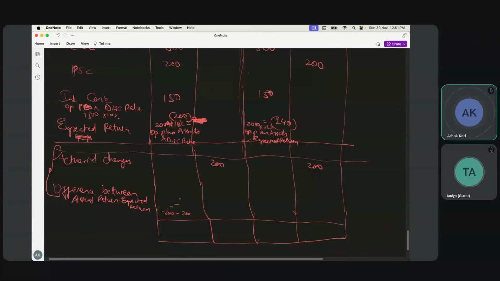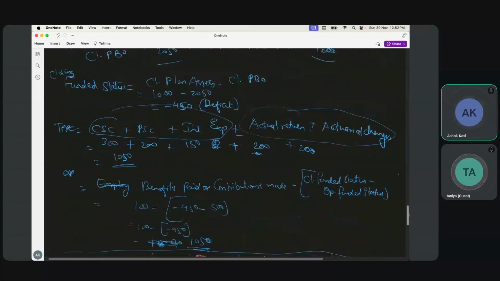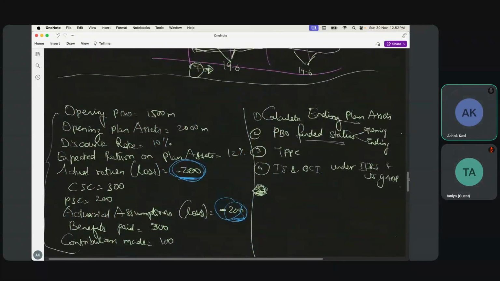Because it is minus 400, I should write here minus 200 minus 200. The expected return is in a positive number.